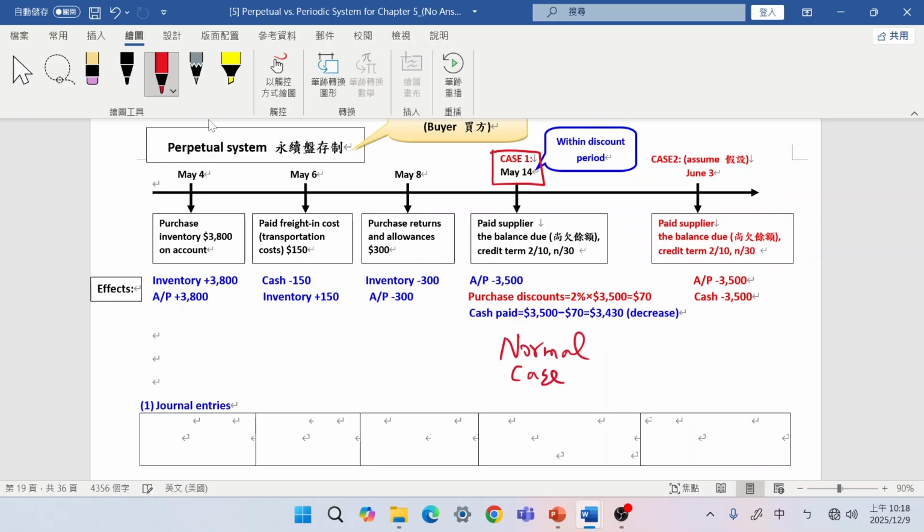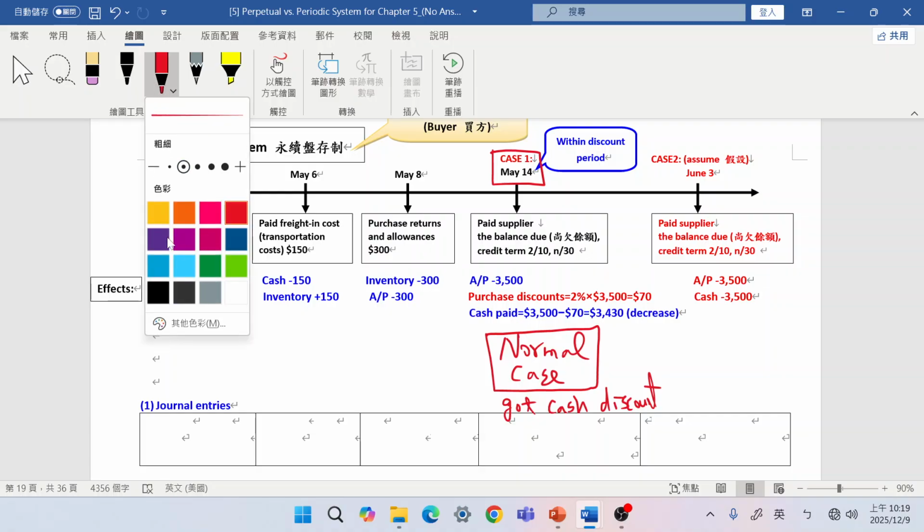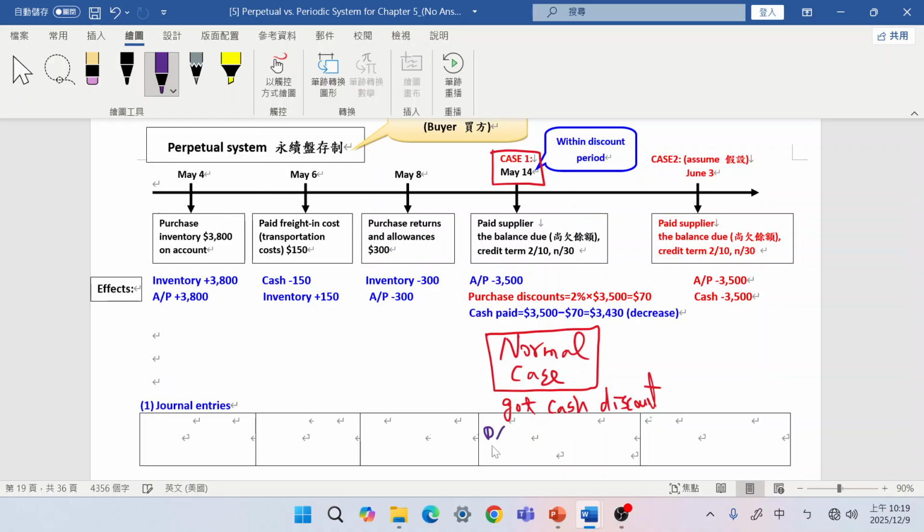So what's a normal case? You got a cash discount. So please finish this one. You got a cash discount, so that means your accounts payable decrease 100%.